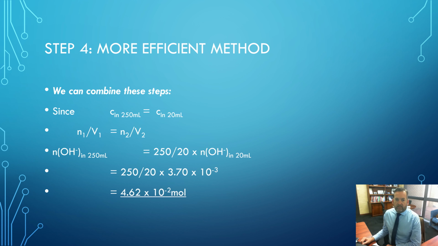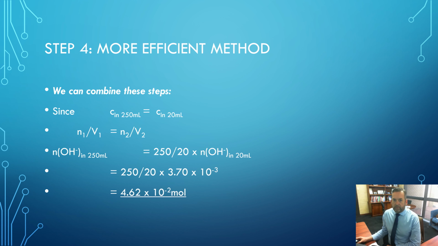A more efficient method is to look at the fact that the concentration equals the concentration. So we know that. And if we sub in that concentration is number of moles over volume before, it must equal number of moles over volume afterwards. So then we have this really efficient calculation here. When we step up, the number of moles of sodium hydroxide in a big sample is always the bigger number, that's V2, over V1, the smaller number, times the original number of moles.